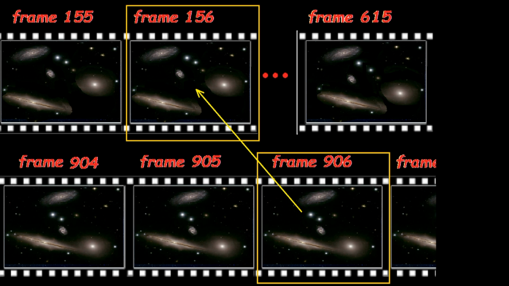And in frame 906, you have the same exact number of atoms in the universe. They're just at a different location. But in order for you to jump from frame 906 to 156, all those atoms have to exist twice. They have to be currently in 156 as well as 906.